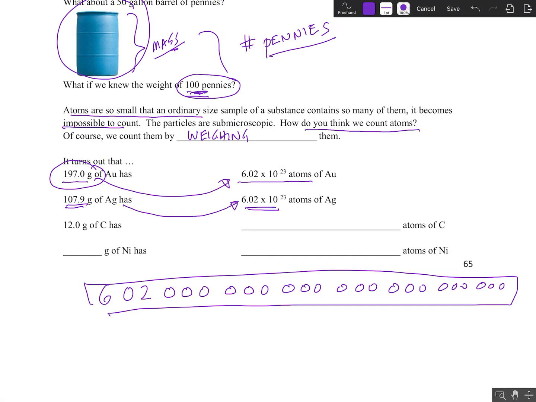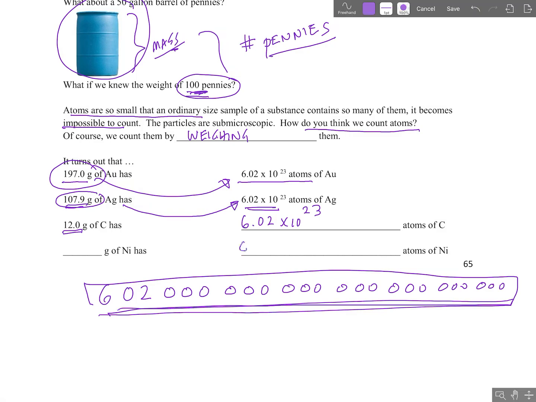If I wanted half this number, I would get half that mass of silver. It turns out that 12 grams of carbon has 6.02 times 10 to the 23rd atoms of carbon in it. Now, 12 grams is less than 1/3 of an ounce, yet it has this many carbon atoms in it.